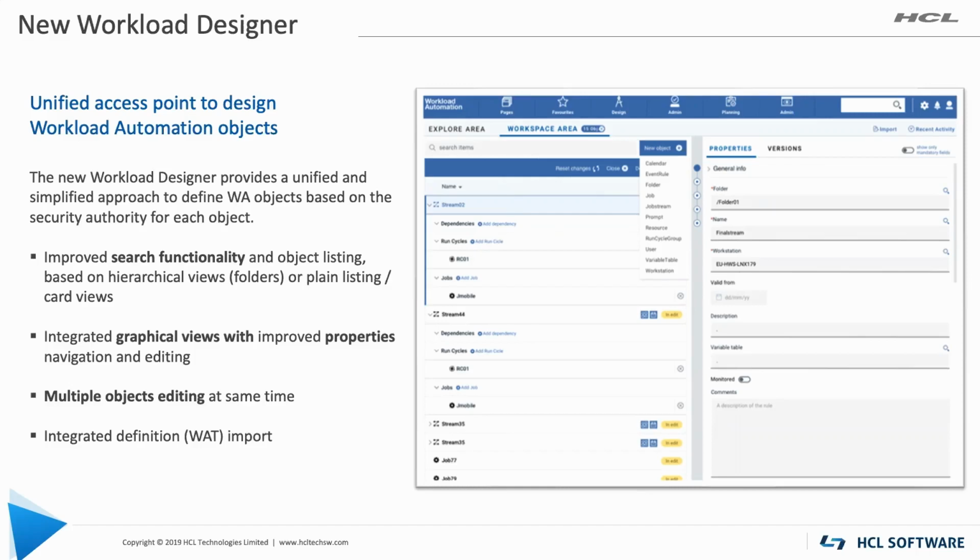There's an improved search functionality. The objects can be listed in a hierarchical view of the folders or in plain listing and card views. The current graphical views will be integrated into the new Workload Designer, and there will be improved capability to navigate and edit the properties.